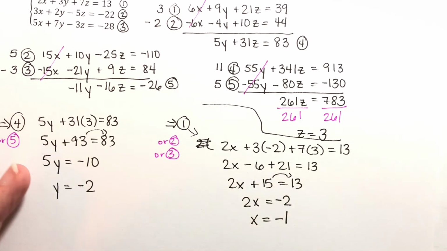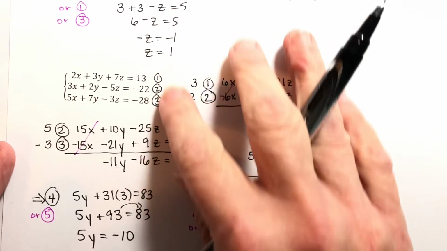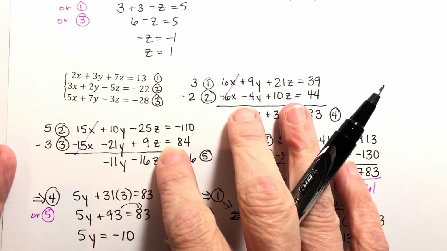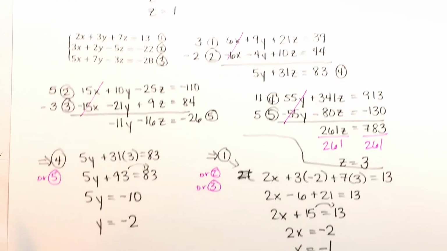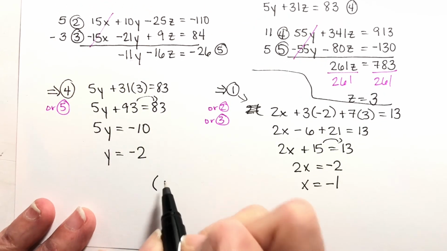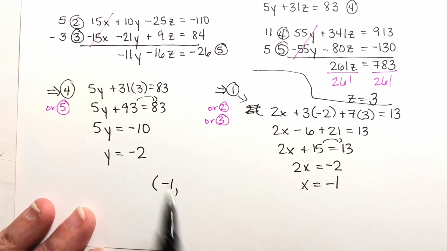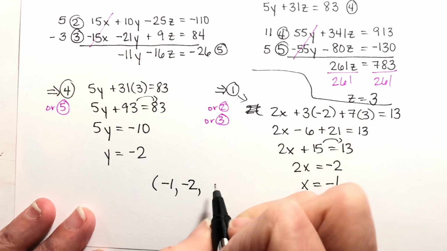So x must equal negative 1. So now we have x, y, and z. We have our answer. If we were to graph these 3 equations in 3-dimensional space, they would all intersect in exactly the point negative 1, negative 2, positive 3.